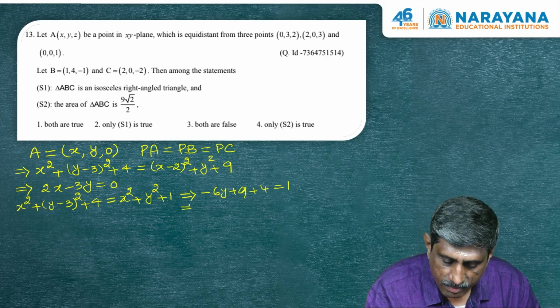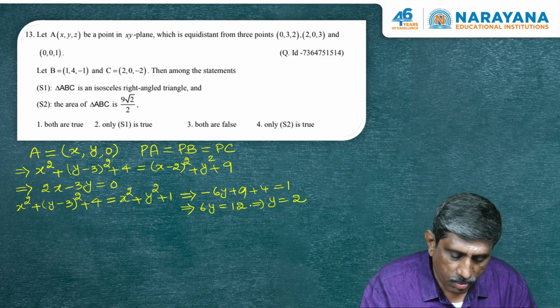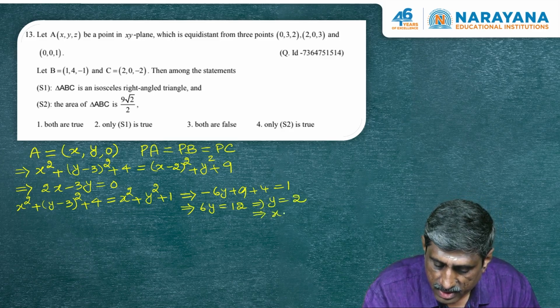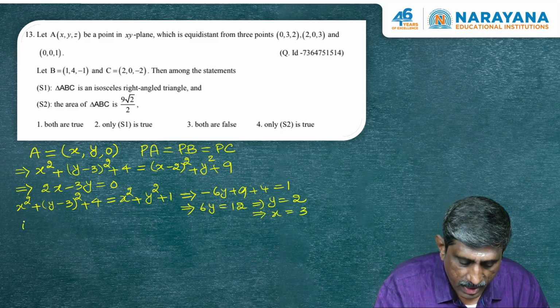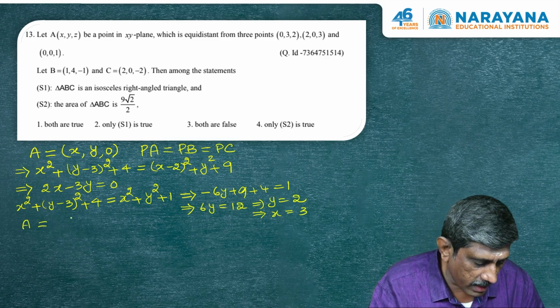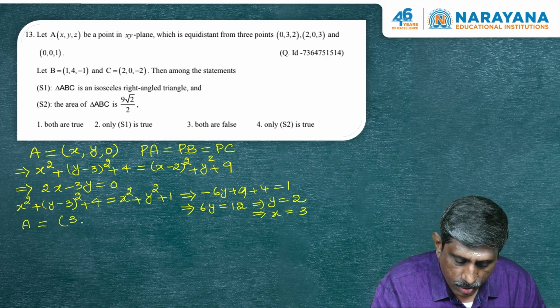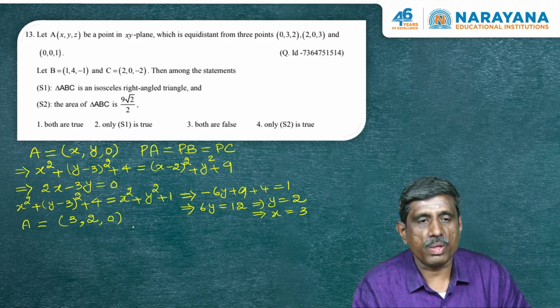So, we get 6y is equal to 12, y is equal to 2. From this, automatically we are getting x is equal to 3. Therefore, the point A is clearly (3, 2, 0) because it is a point on the xy plane.